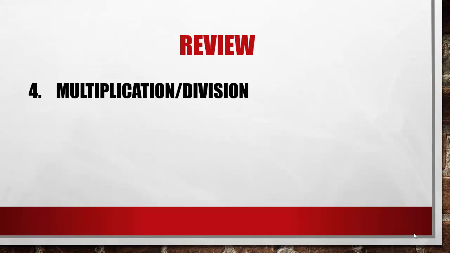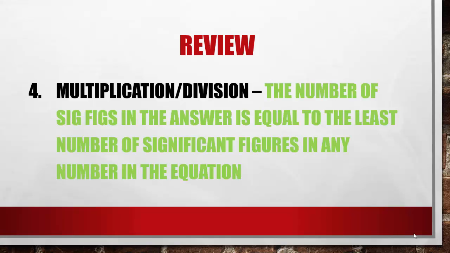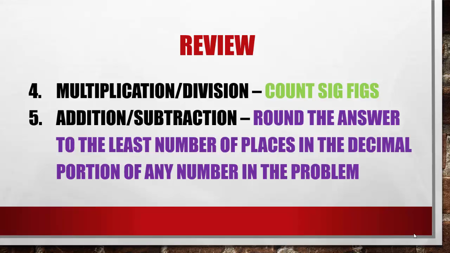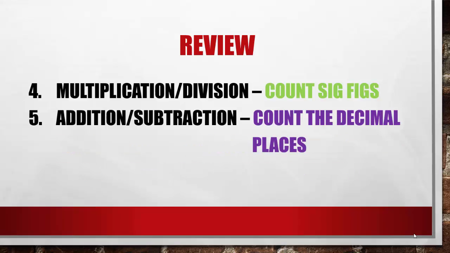For multiplication and division, this is the long definition, but you can shorten it to count the significant figures, and the answer should have the same number of significant figures as the fewest number you have. For addition and subtraction, here is the long version of what to do. Down and dirty, count the decimal places and use the least number of decimal places.